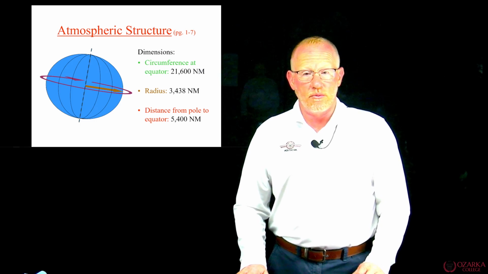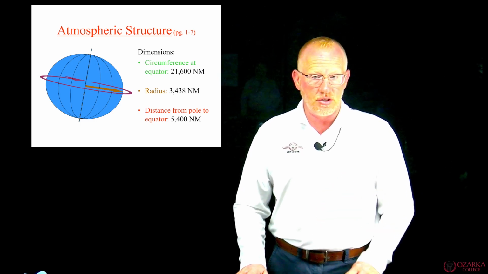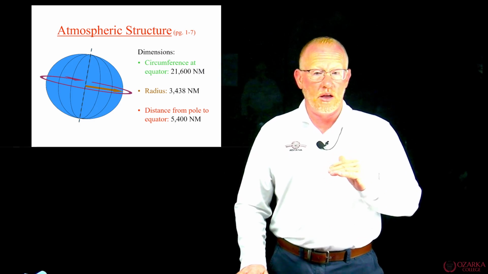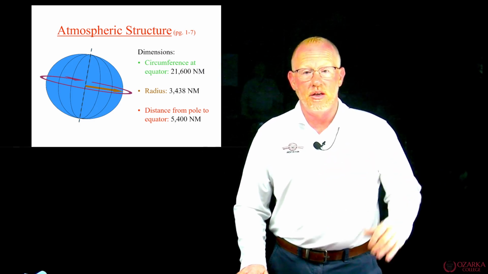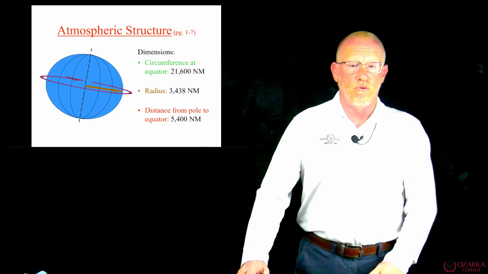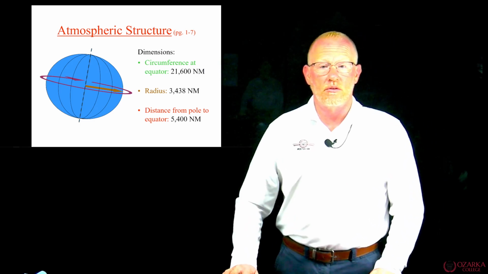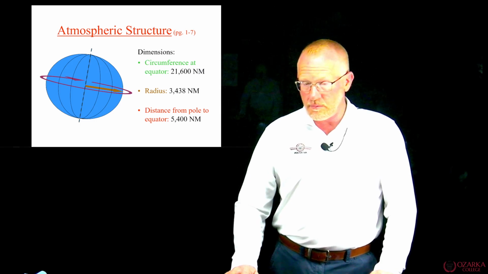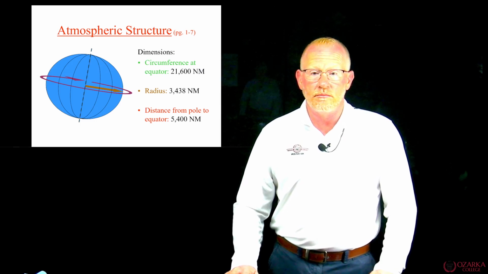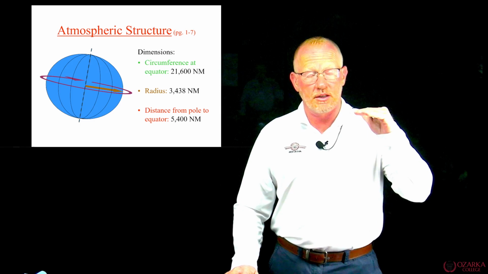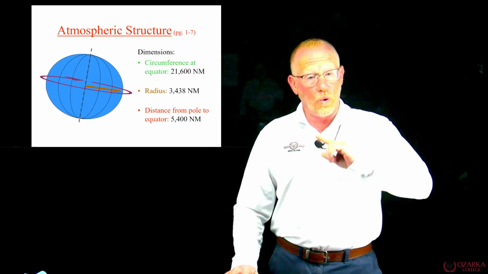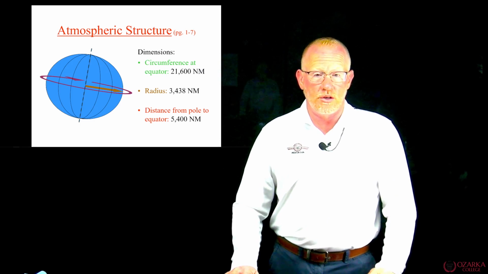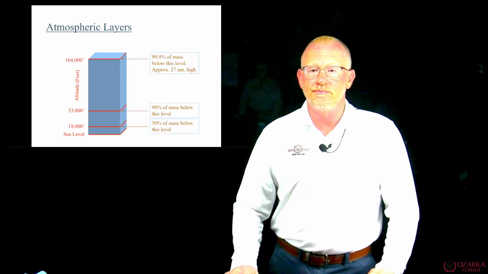So if we were to draw a line, as the slide shows, from pole to pole, and measure from the pole out to the edge, it would be 3,438 nautical miles. Now the distance from the North Pole or the South Pole to the equator is 5,400 nautical miles.